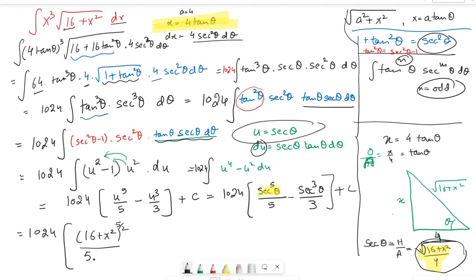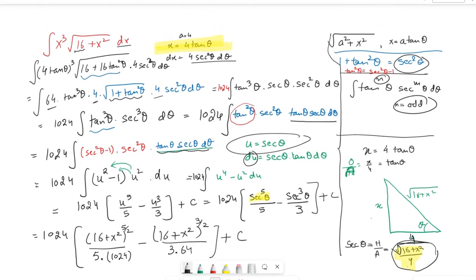Divided by 5 times 4 to the power 5, which is 1024, minus secant cubed, which would be 16 plus x square to the power cube, but this is a square root, so power half, 3 by 2. Divided by 3 times 4 to the power 3, which is 64, plus c.